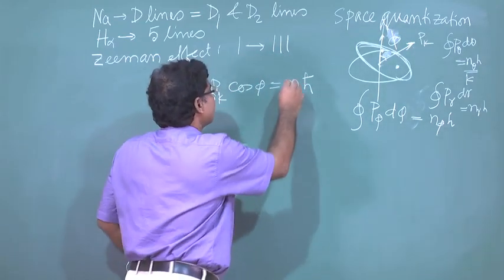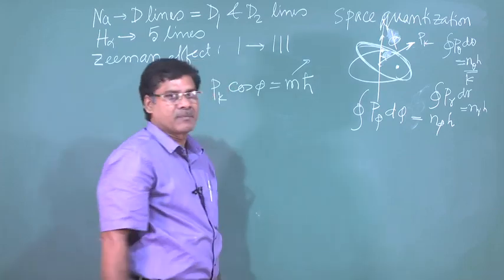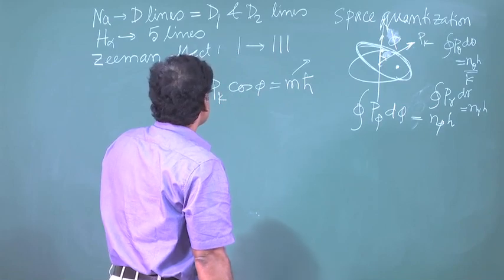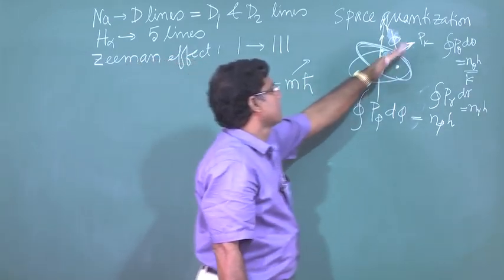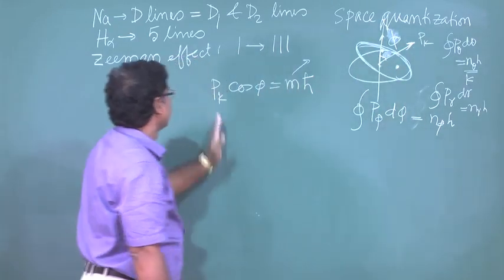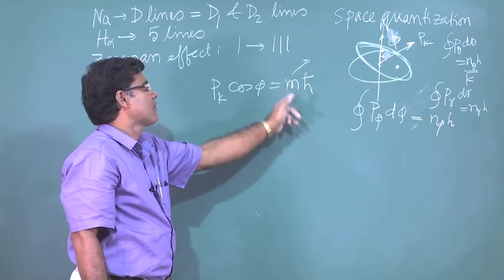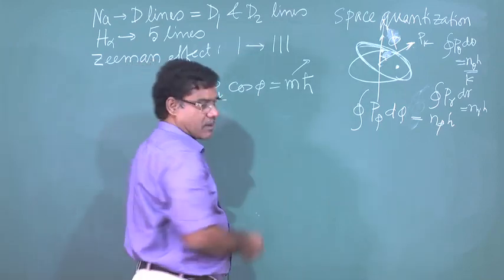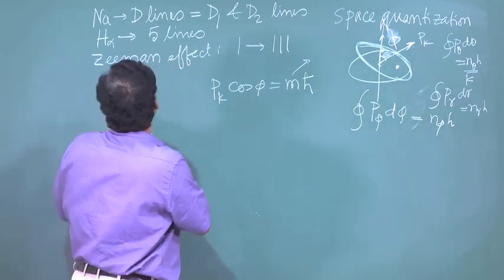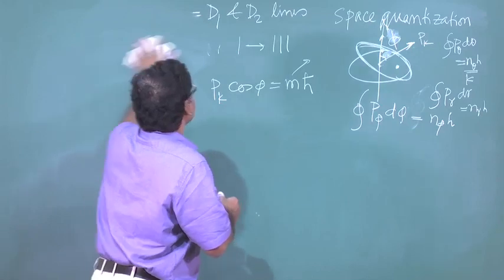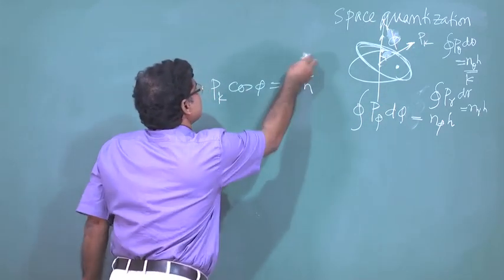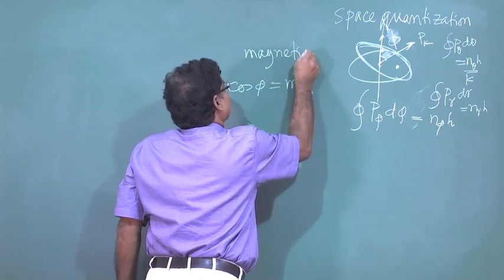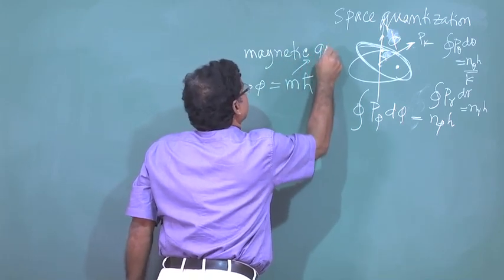So, m can take different values, but integer values. So, m is a quantum number, and this quantum number is called the magnetic quantum number.